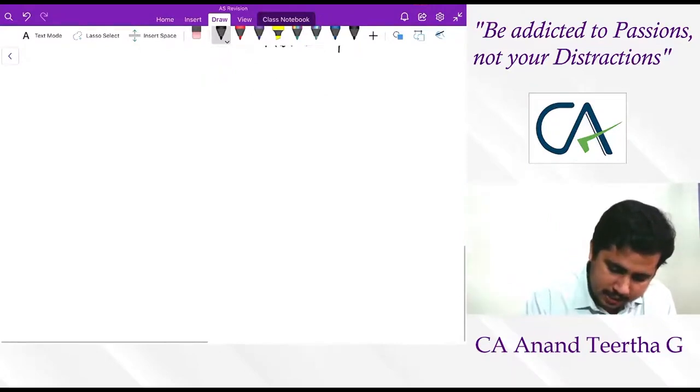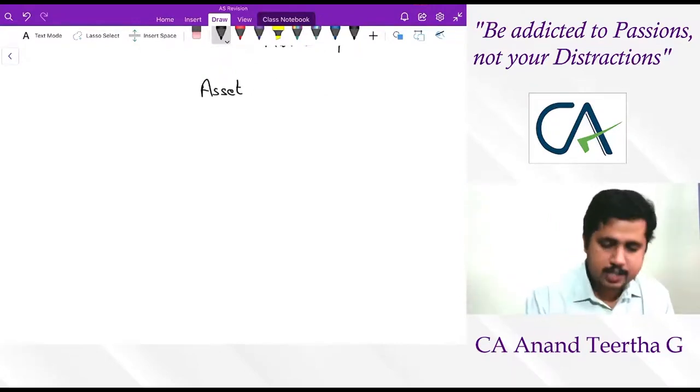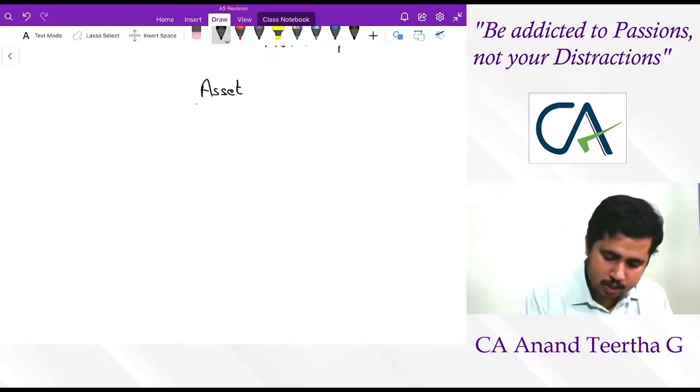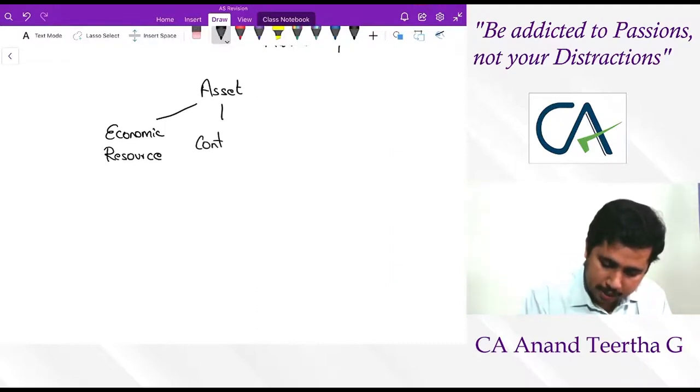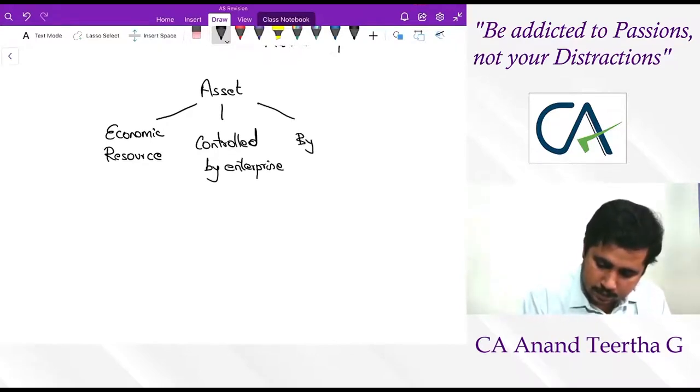So first, what is an asset? It should be an asset, is what they have mentioned. First, an asset is an economic resource. It's a resource for us. Second, it should be controlled by the enterprise. How is it controlled? By past events.